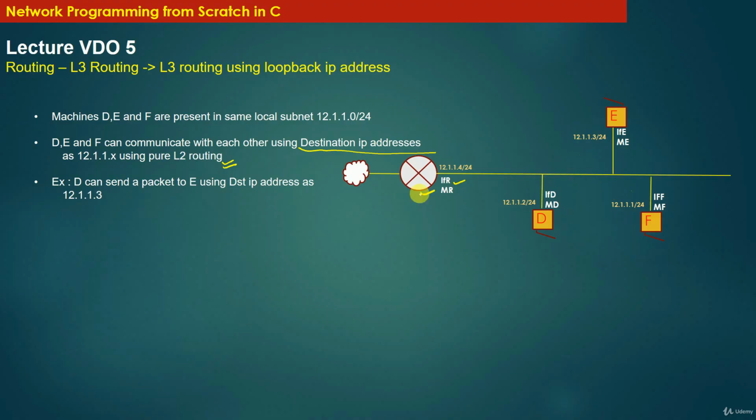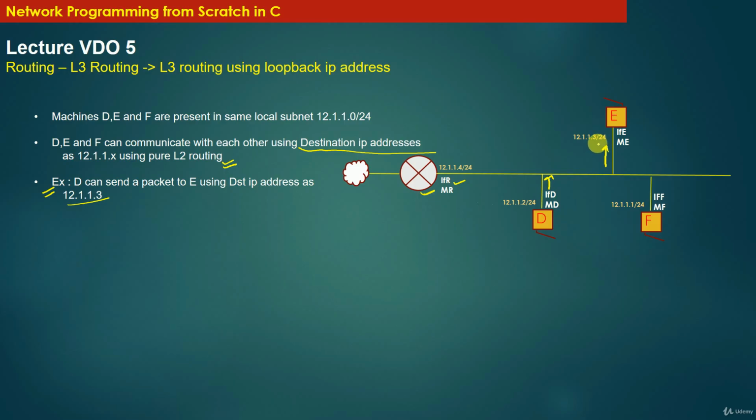Let us see the example here that machine D can actually send a packet to machine E using destination IP address 12.1.1.3. If machine D chooses the destination IP address as 12.1.1.3, then it is a case where source machine and destination machine both are present in the same local subnet, and therefore using pure L2 routing only, machine D can deliver a packet to machine E.